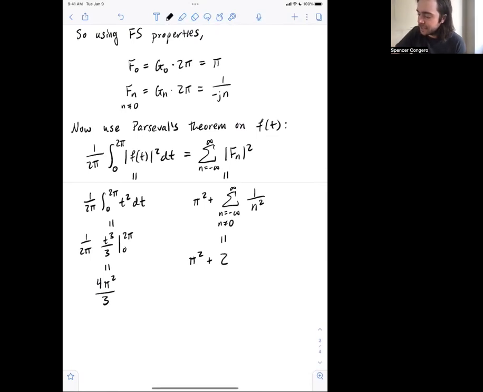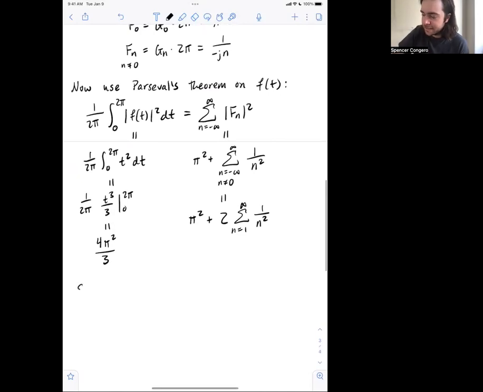So this is really just twice what I get going over either one of them, so I'll pick the positive ones. 1 over n squared. I just took the sum, broke it up. The sum over the positive n's and the sum over the negative n's is the same. So I'm just going to write 2 times one of them.